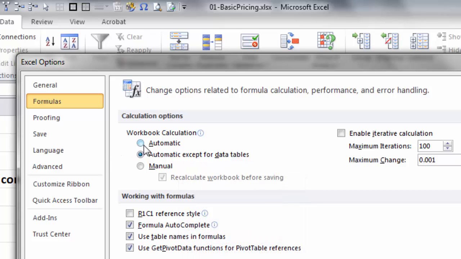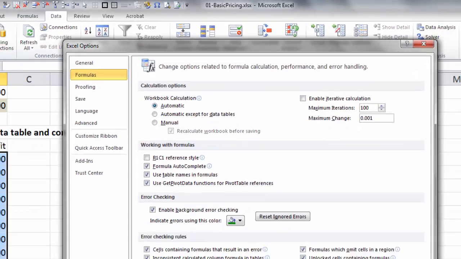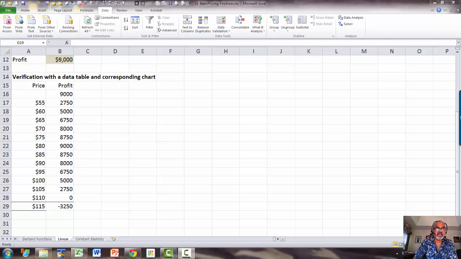So data table will not get automatically recalculated. So if you select this, then it will. So let's go ahead and select that, and then it will get automatically recalculated. But if you want to leave it like automatic except for data table, then you have to press F9. If you press the F9 key, that will force a recalculation.